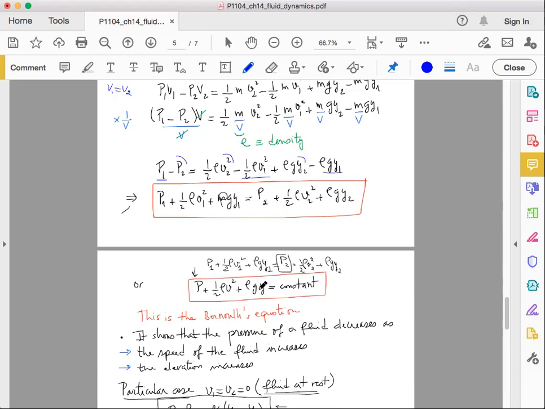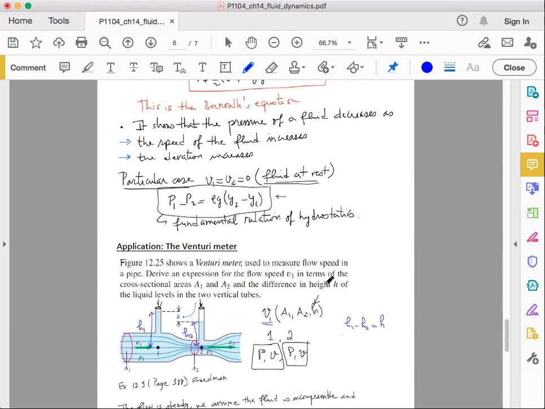The summation should not change, but any element inside it could change. So this is it for this chapter. Now we will move on to the problems about fluid dynamics.